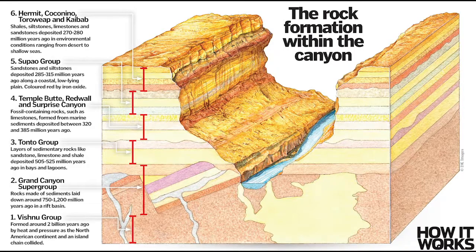Then the next group is the Supai group, and this is sandstone and silt. The last group is sandstone, shales, and limestone, and this is the last section, or the most recent geological formation.